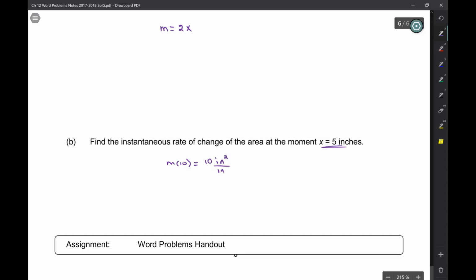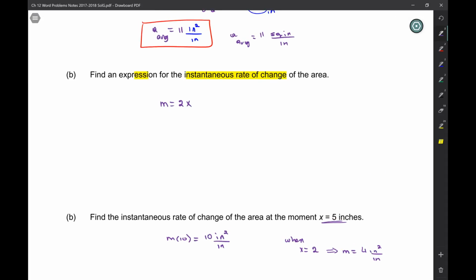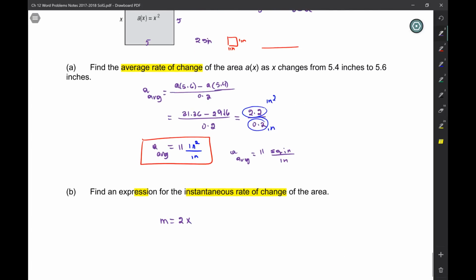Okay, now find it at the moment when, okay, so we're going to go above and beyond, when x is equal to, I don't know, 2 inches. What's m? Right, so now, okay, let's think about this for a minute.